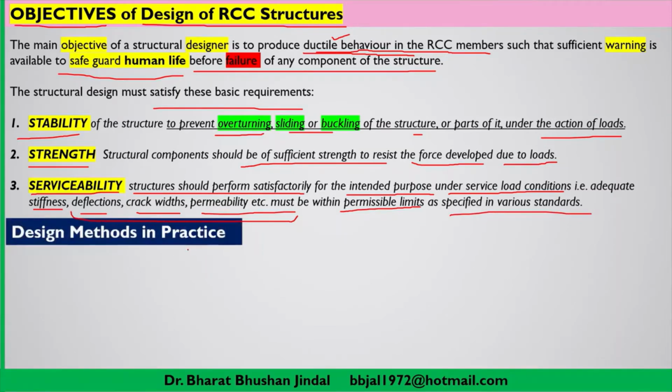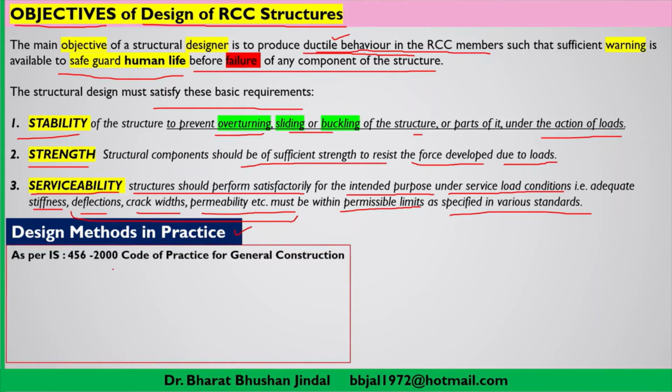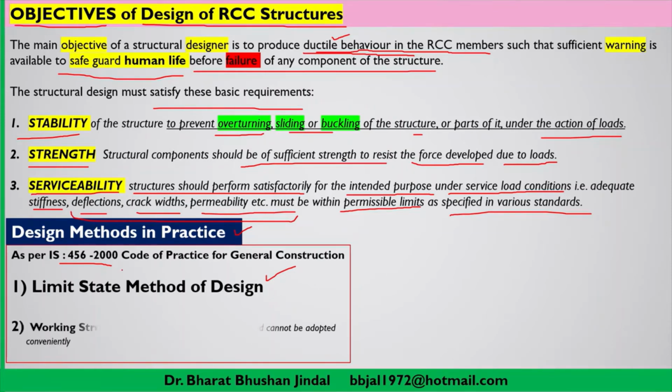Now, what are the design methods which are adopted and currently in practice? First of all, our guidelines are available in the code IS 456. So what is the code saying? You can use the limit state design method, that means the limit state method of design of RCC structures as per IS 456 recommendations.